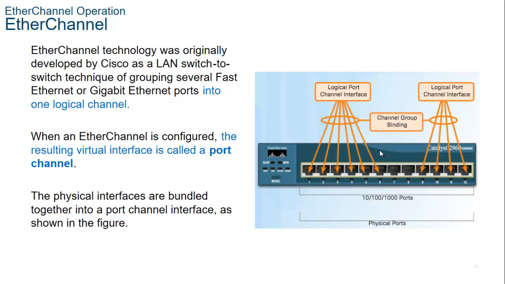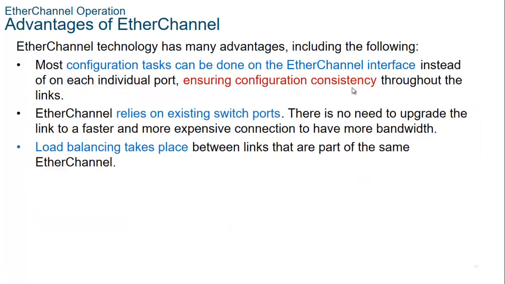EtherChannel technology was originally developed by Cisco as a LAN switch-to-switch technique of grouping several Fast Ethernet and Gigabit Ethernet ports into one logical channel. If you see here, these are a few physical links that are grouped together as a logical port channel. When an EtherChannel is configured, the resulting virtual interface is called a port channel.